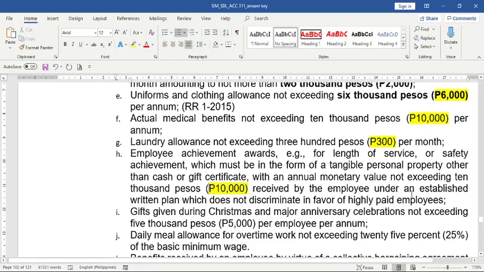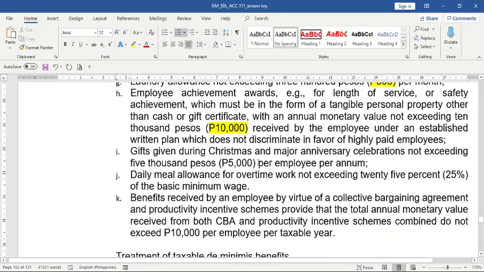And received by the employee under an established written plan which does not discriminate in favor of highly paid employees. What else? Gifts during Christmas, 5,000 per employee per annum. Daily meal allowance for overtime work not exceeding 25% of the basic minimum wage.